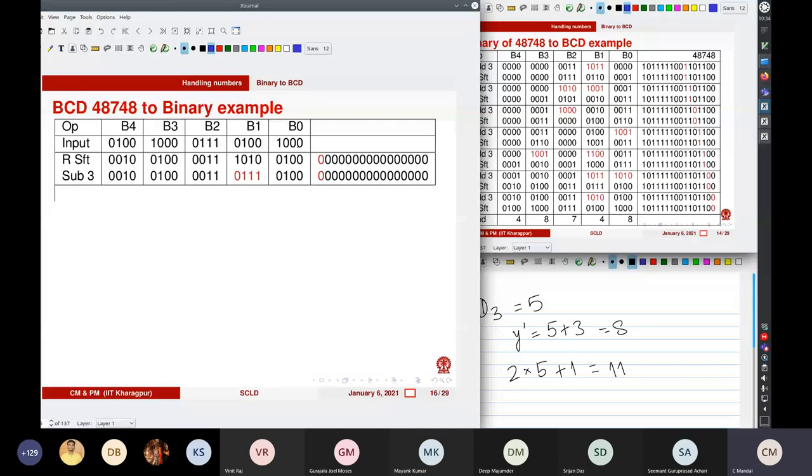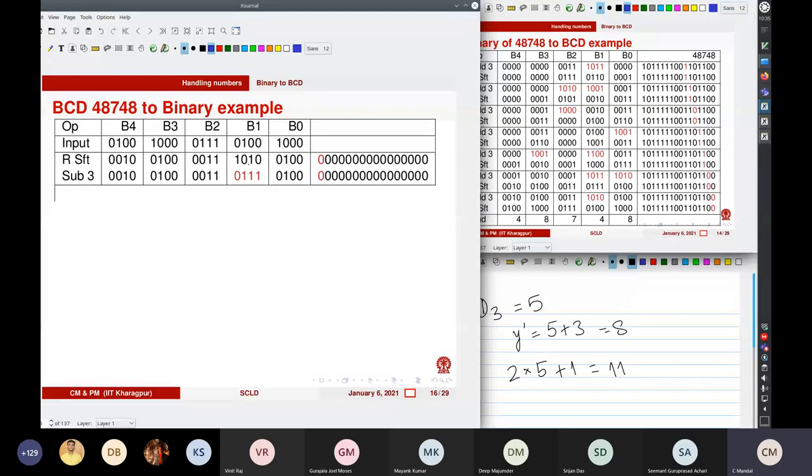Now instead of shifting left, we are going to shift right. In the previous case we were adding 3, so in this case we'll be subtracting 3.